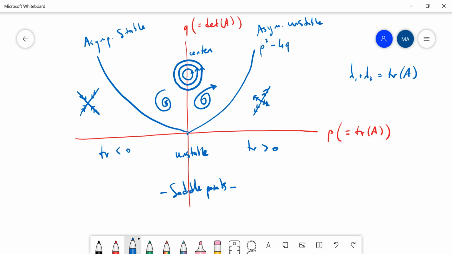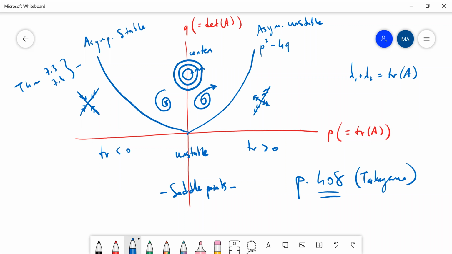If trace is 0, then we look at the determinant, because determinant being negative tells me it's a saddle point. Okay, so this is at page 408, Takayama. I mean, this is just basically theorems 7.3 and 7.4 combined. Okay.